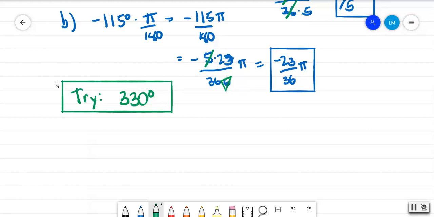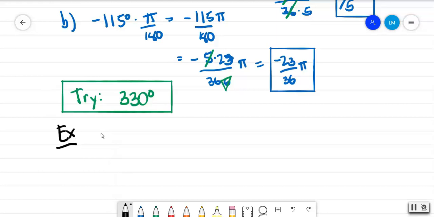Notice that as you convert, you can always use that 180 is pi, for example, if you're going the other way around though. We'll see that right now with the next examples.